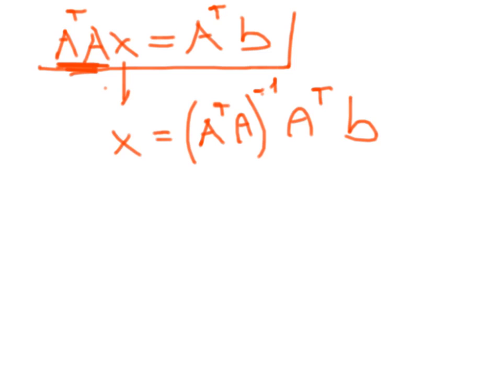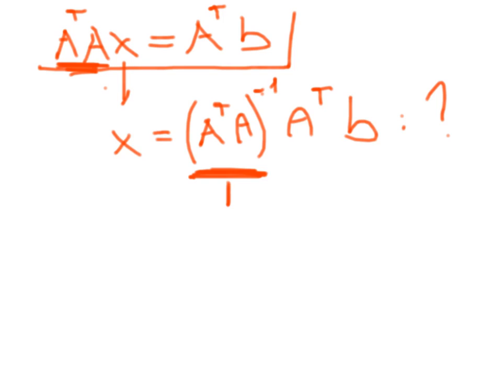But when can you write this? Well, this is the subject of theorem 6.4.3. You can do this if you can invert A^T A. Okay, there is a condition to do this. And if A^T A can be inverted, then you know that you have a unique solution.